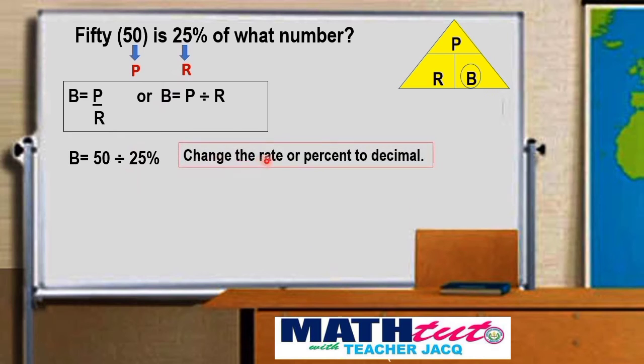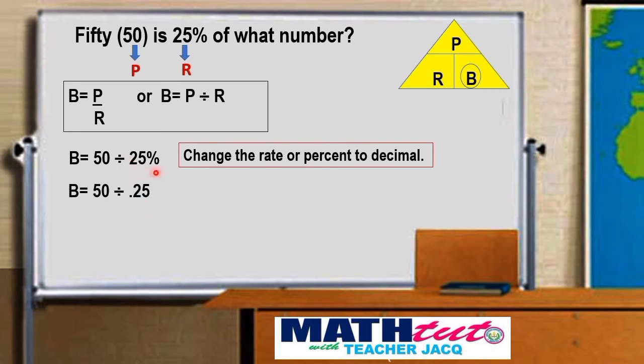Now, we will change the rate or percent to decimal by moving the decimal point 2 places to the left. So, let's start here, move the decimal point 2 places. So, 1, 2. So we have 0.25.